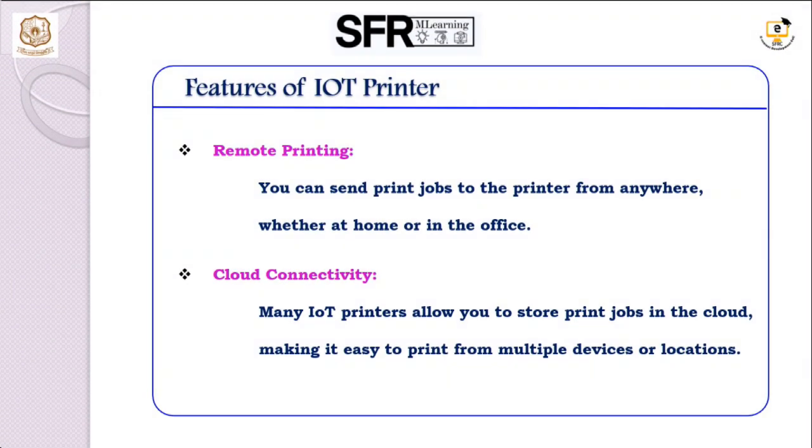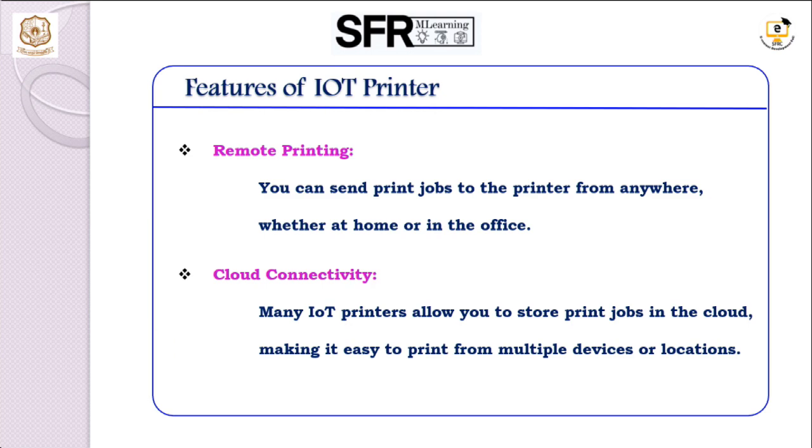The features of IOT. The first and foremost is remote printing. Remote printing is nothing but the concept of print from anywhere. Let us imagine an inkjet printer or laser printer we are using at our laboratories. There we need a physical connection, but it is not at all needed in our IOT printer. You can send the print jobs to the printer from anywhere.